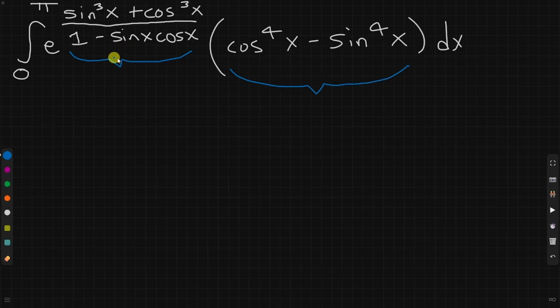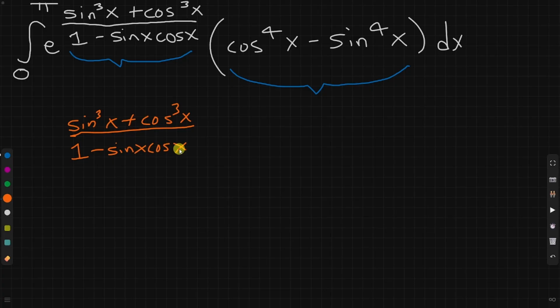First, let's simplify the exponent. Let me write the exponent out. We have sine cubed of x plus cosine cubed of x, all divided by 1 minus sine x times cosine x. So I look at the top, the numerator, and I see we have something cubed plus something cubed.